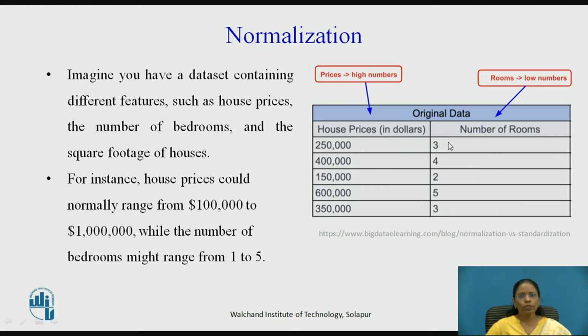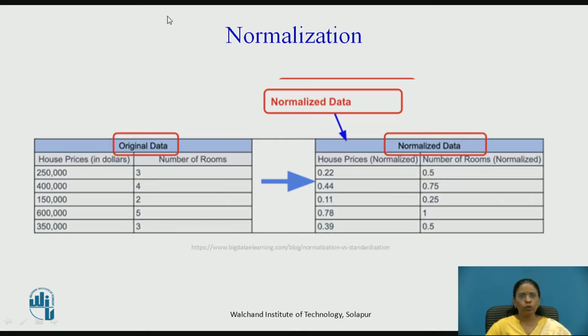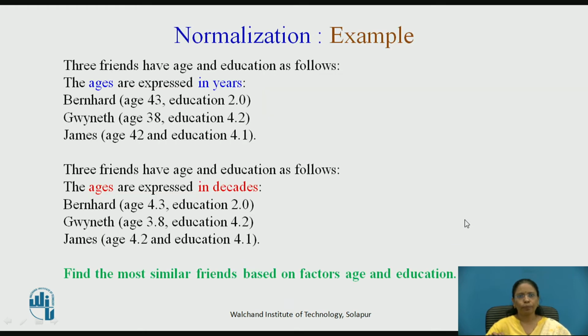So when we give this data to the ML algorithm, it will give high weightage to the large values and lower weightage to the small values, which is not expected. In such a case we can normalize the data to values between 0 to 1 or -1 to +1, but here they have normalized to 0 to 1.